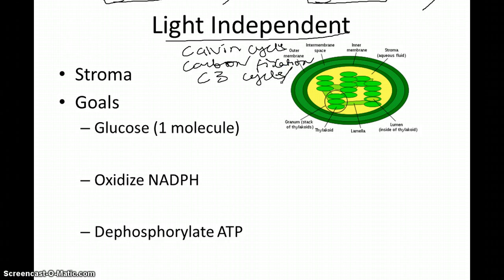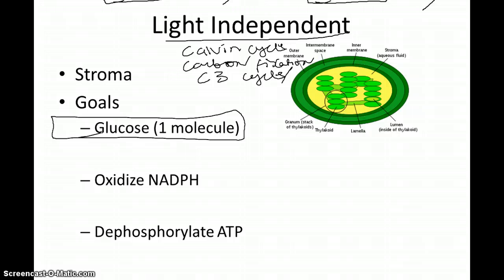Alright, so the next thing we have to discuss is the goal of the light-independent reaction. The main goal is to create a glucose molecule. The rest is to oxidize the NADPH, which means convert NADPH to NADP, so that it can be reused in the light-dependent reaction.